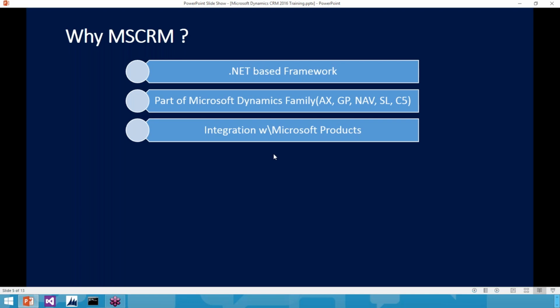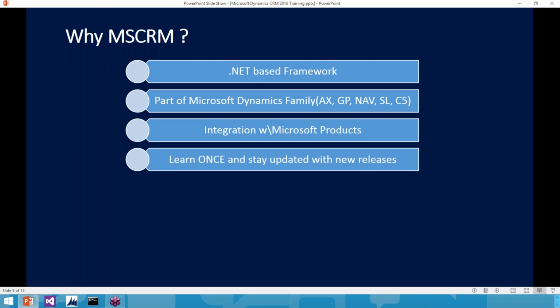So again, the more CRM you learn, you will be learning other Microsoft products' integration in your day-to-day life, which eventually will help you boost your resume. This is the key factor. This is the key point.